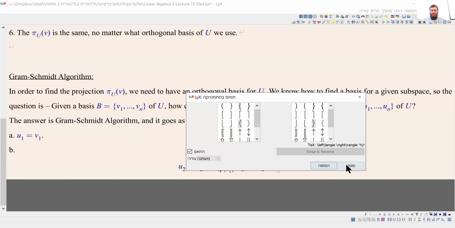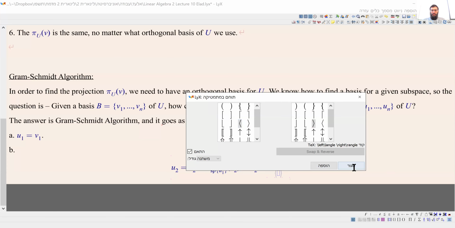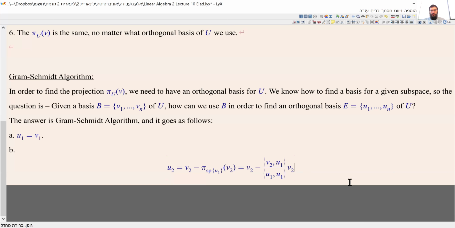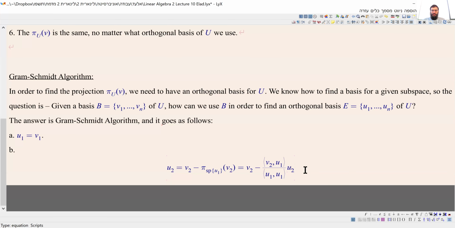But it's only one vector, so it is the inner product of V2 and U1, over the inner product of U1 with U1, multiplied by U1. Yeah, of course, that's the projection.